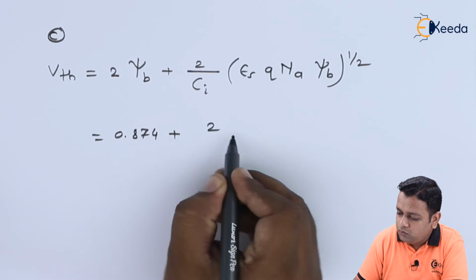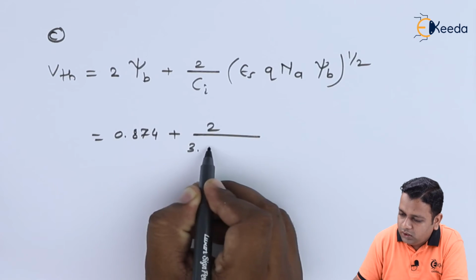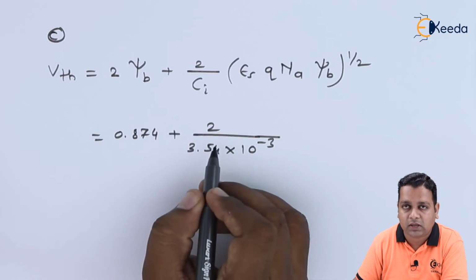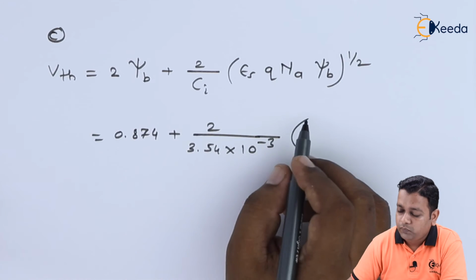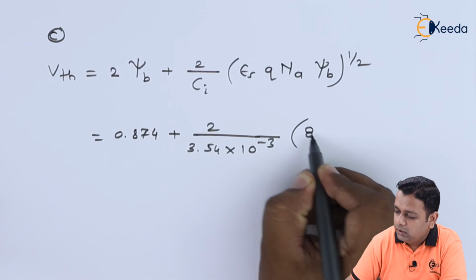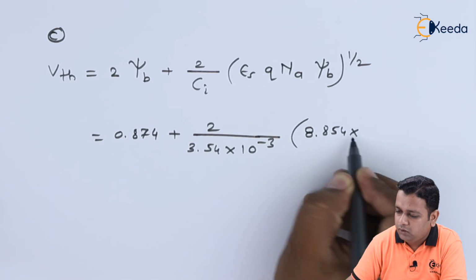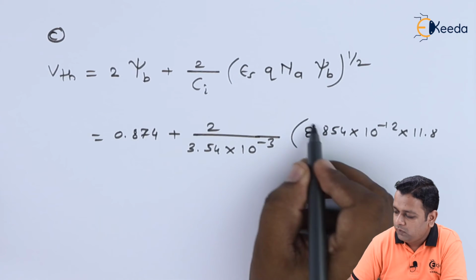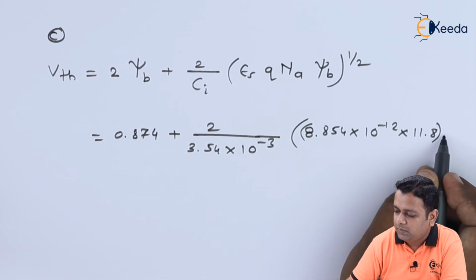we have 2 divided by 3.54 into 10 raised to the power minus 3 in place of C suffix I. In the bracket, we hold 8.854 into 10 raised to the power minus 12 into 11.8 for epsilon suffix s.